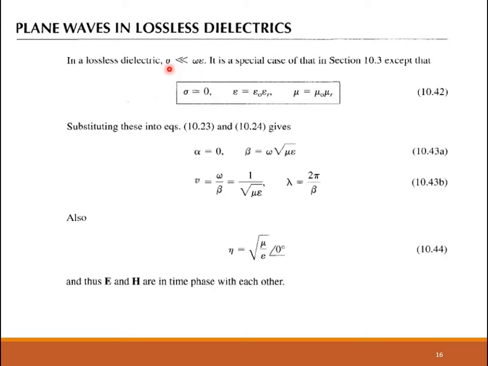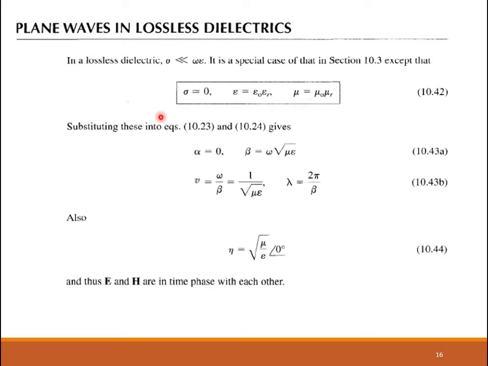And this is the condition: sigma is much less than omega epsilon. This is the condition for a lossless dielectric. It is a special case of lossy. Epsilon is given in this way, mu is given in this way. So I substitute these conditions into the equations for alpha and beta: sigma 0, epsilon and mu.